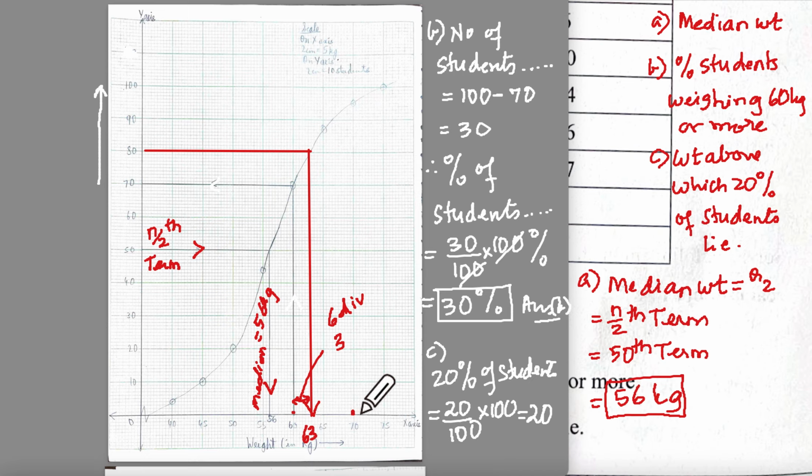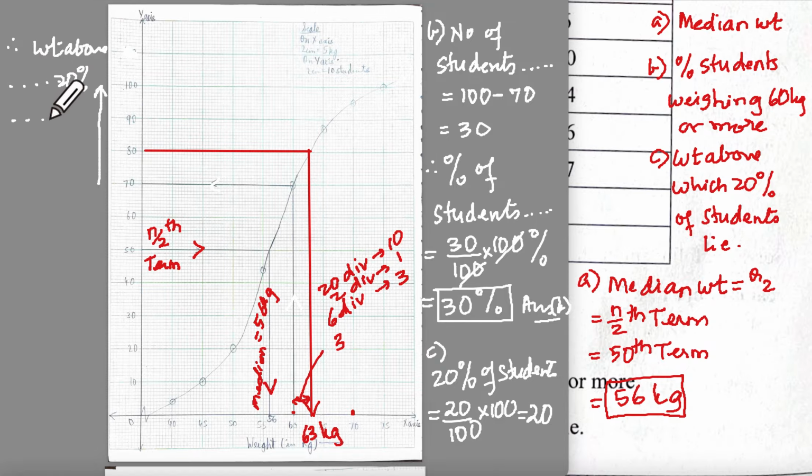Okay, so what are you going to say because of this? Therefore, I'll continue over here. Therefore, weight above which 20% of the students lie is equal to how much? 63 kg.